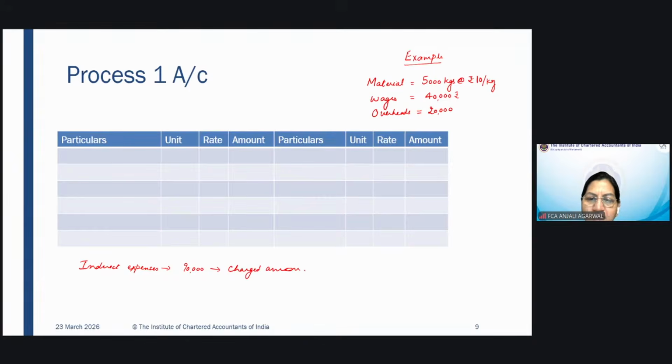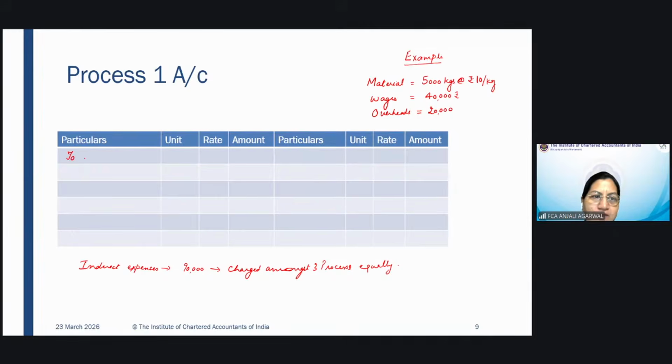Let's say the entire activity is three processes. Amongst three processes equally, or some ratio may be given. And if no ratio is given, you can distribute the indirect expenses amongst the three processes in the ratio of wages.